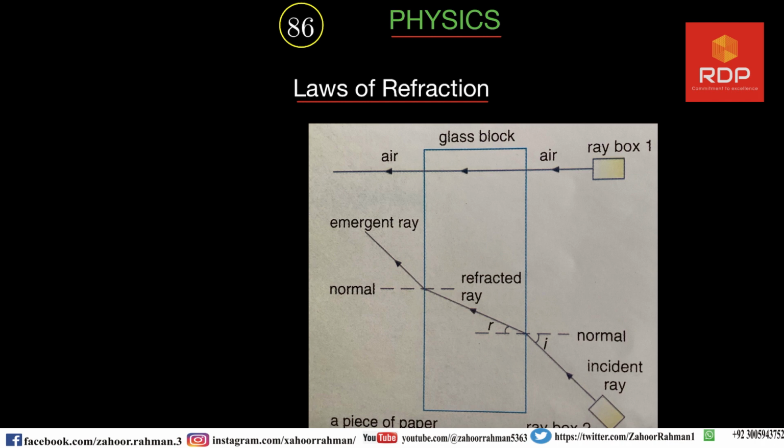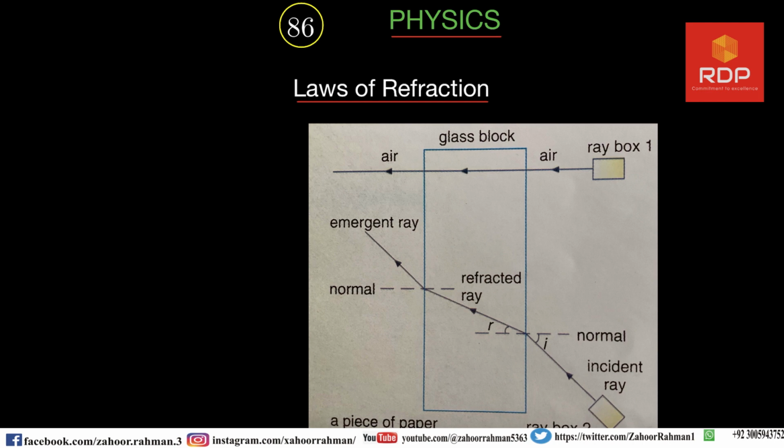We have to observe the two rays of light and then vary the angle of incidence i and measure the angle of refraction. Now, the following observations can be made from this experiment.